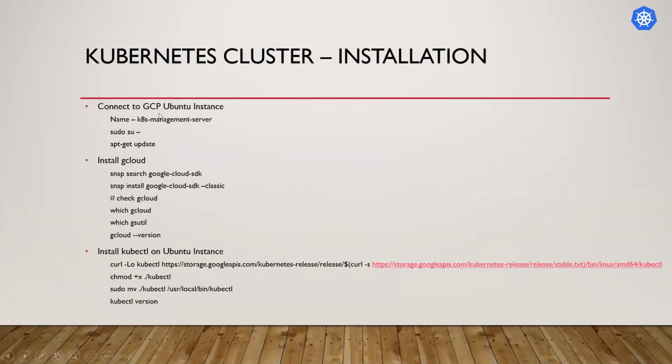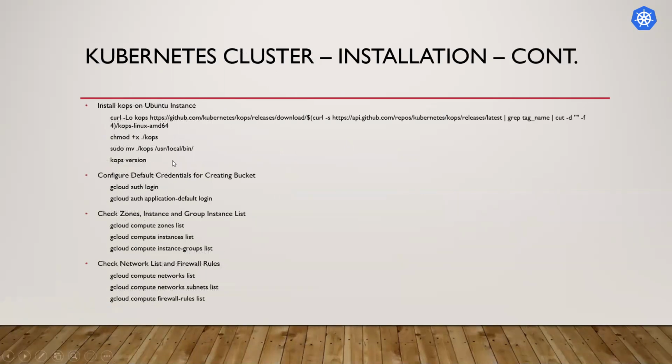These are the installation steps. First, we need to install gcloud, and then we need to install kubectl. Then we will install kops, and we need to create a bucket where kops will keep its details, folders and files.